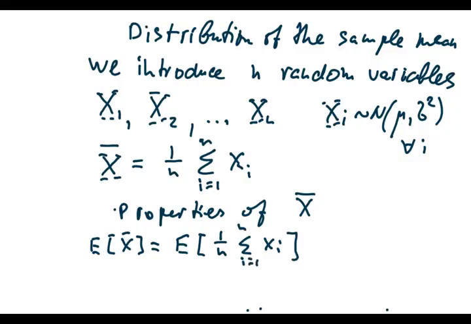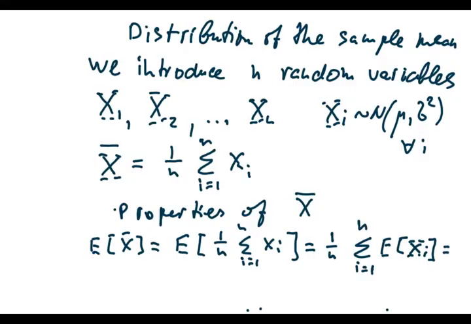Now we remember the property of expected value: expectation of linear combination is linear combination of expectations. It is 1 over n times the sum of expectations of xi's for all random variables xi.